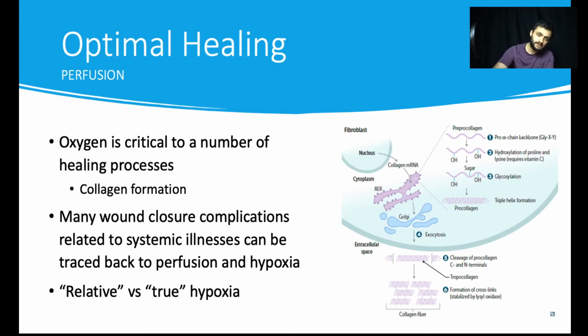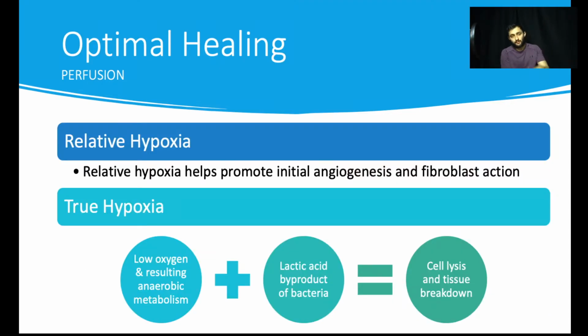So let's look at how that works. So as we said, relative hypoxia promotes healing. True hypoxia, what we end up having is low oxygen and the resulting anaerobic metabolism that comes with it, right? Because if you have too little oxygen, the body says, I can't even perform these aerobic metabolism activities. I got to switch over to anaerobic. And all that is going to create an acidic environment.